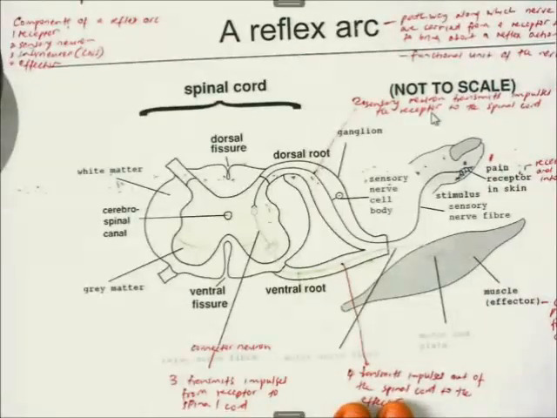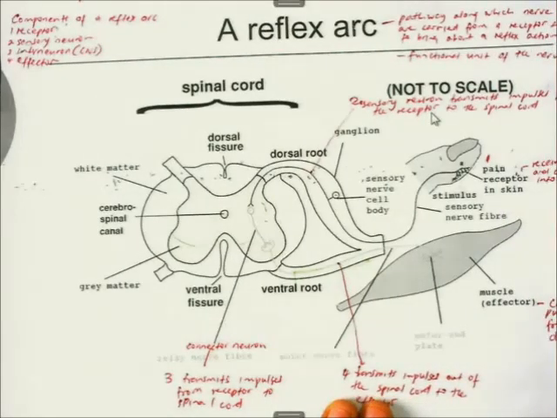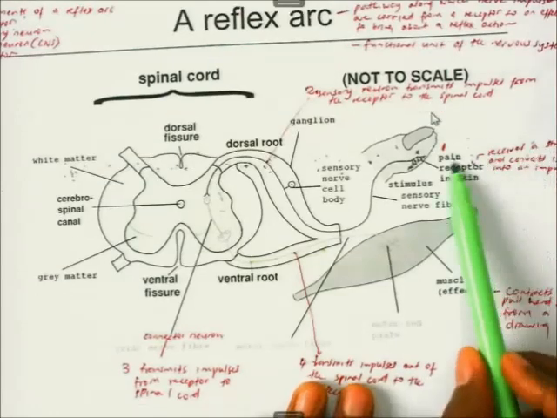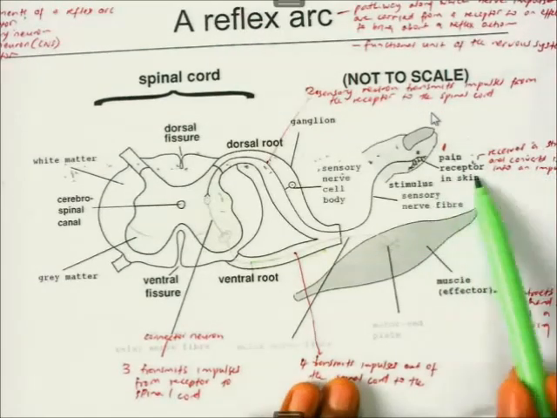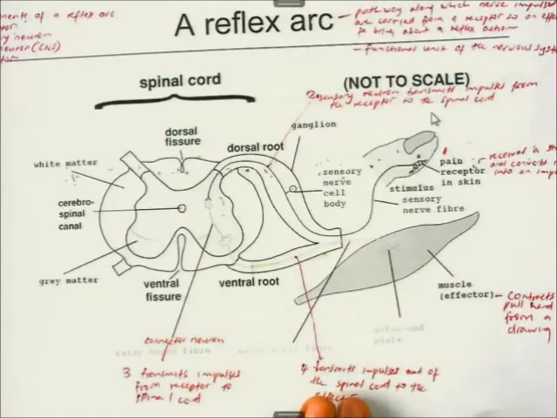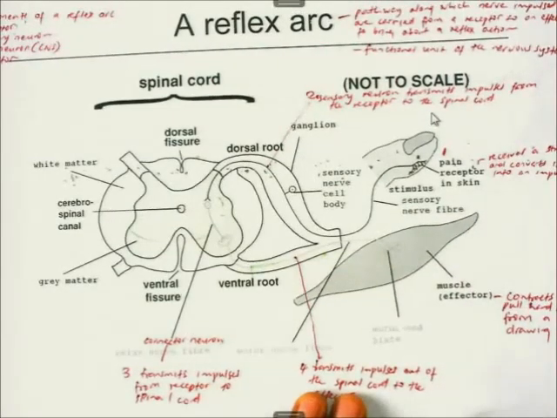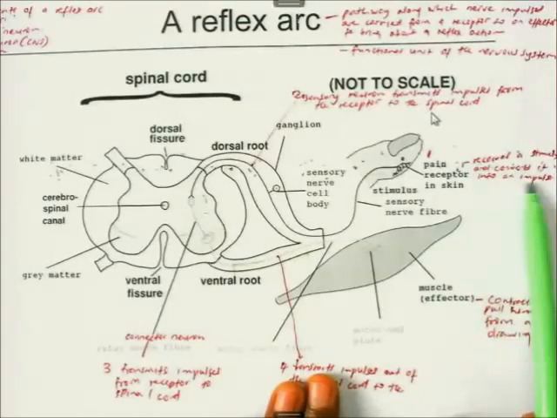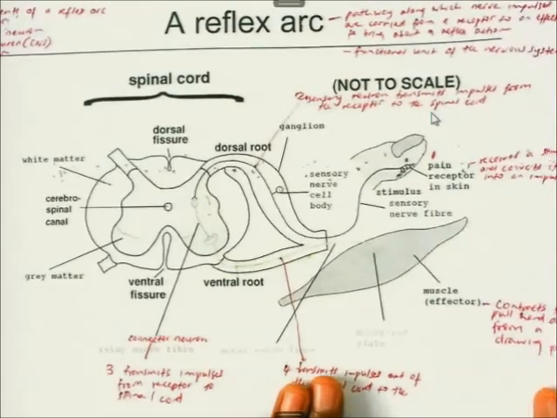So number one, what is going to happen if you put your finger on a thorn pin? The pain receptors in the skin are going to receive that pain, which is called a stimulus, and then it is going to convert that pain called a stimulus into what? Into an impulse.